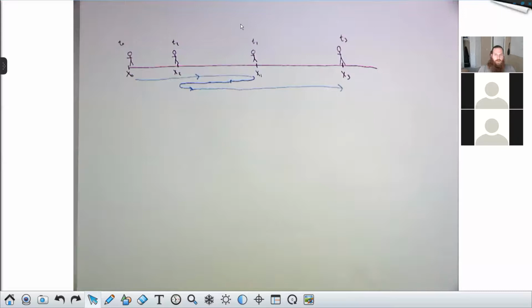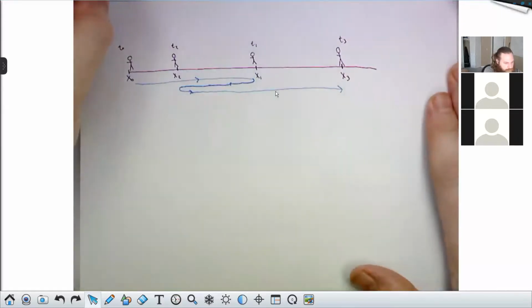I can talk about my average velocity. So this is an example.